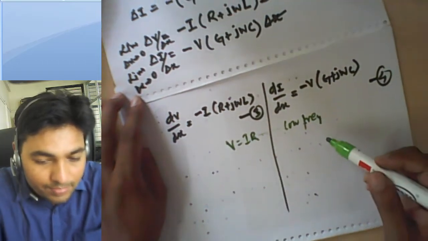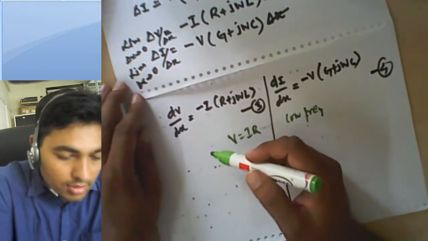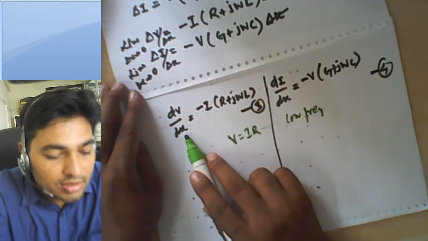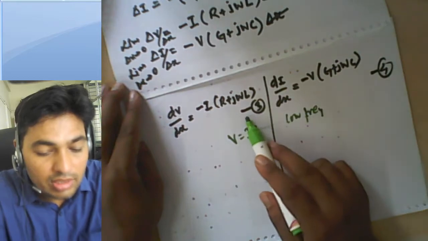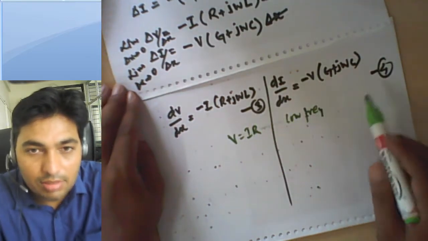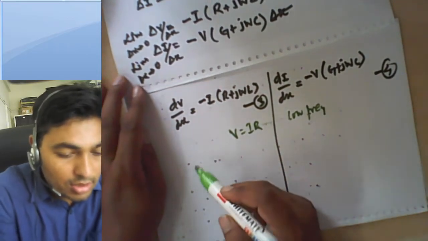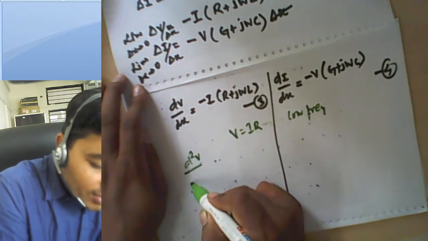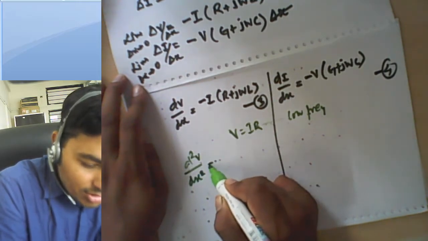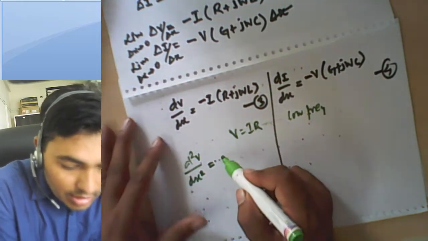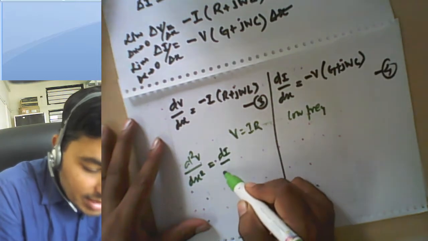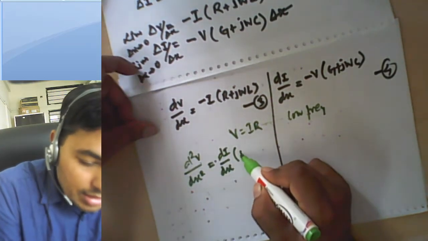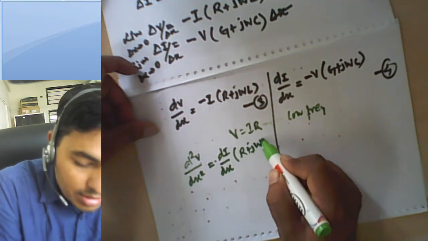Now we'll simplify this. For simplification, we'll differentiate equation number 3 and equation number 4 with respect to x. So d square V by dx square is equal to minus dI by dx multiplied by (R plus j omega L).